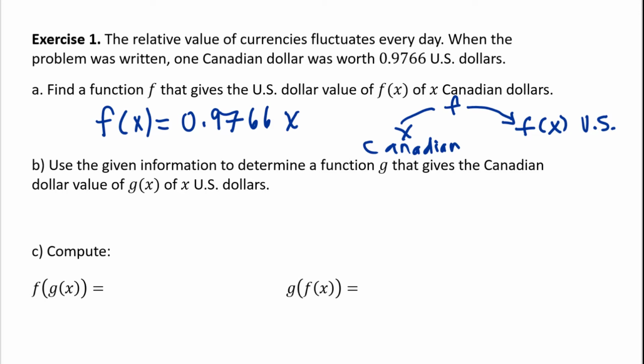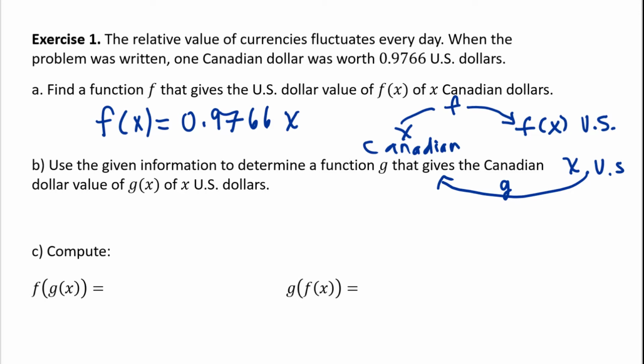Now let's look at part B. It says use the given information to determine a function g that gives the Canadian dollar value of g of x US dollars. So what part B is asking is that if you have x US dollars, what function g will get us back to Canadian dollars? That is, undo the problem, which means we kind of have to solve for the x.